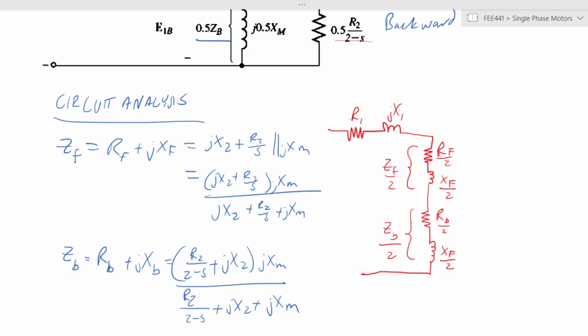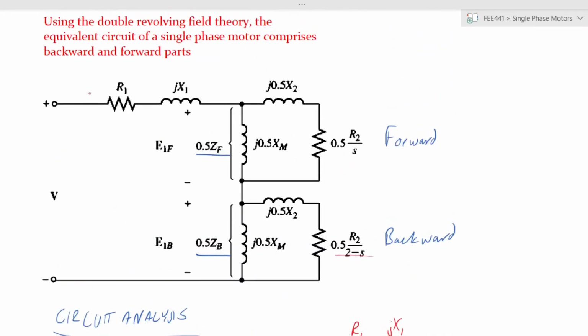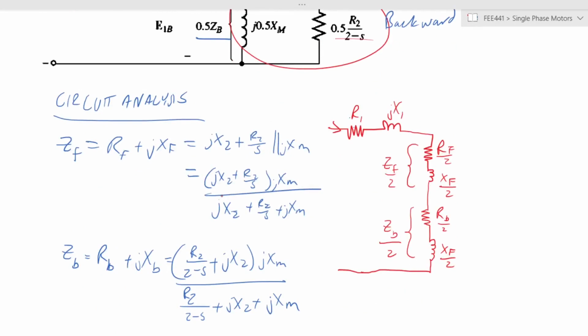Now the importance of this simplified circuit is that if you have the incoming current here and you know the equivalence of these two components, you can make use of that input and the phase voltage that you know to do circuit analysis on the entire circuit.